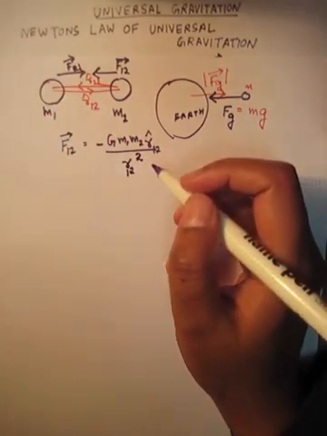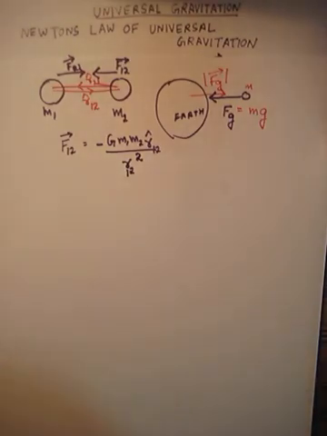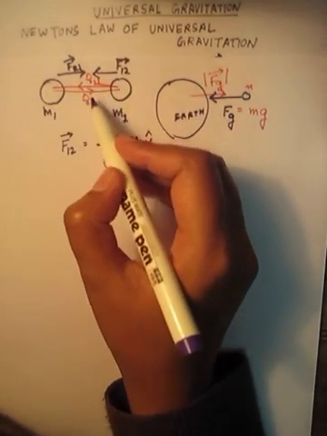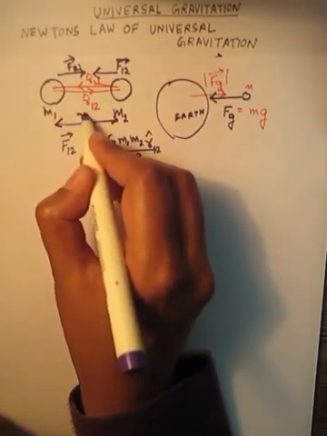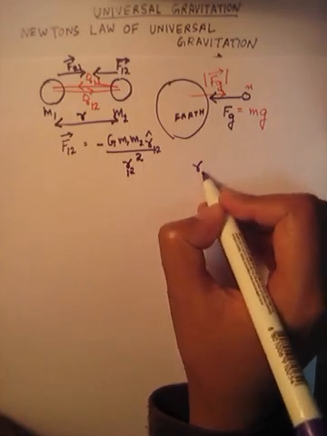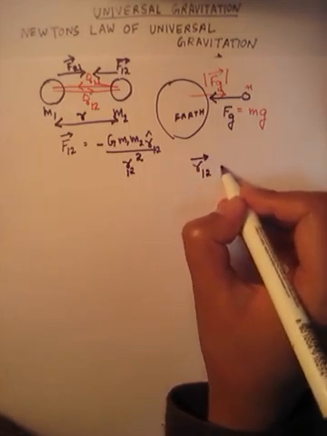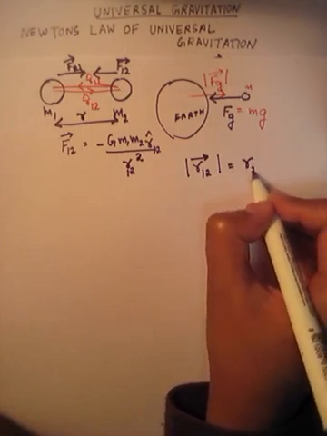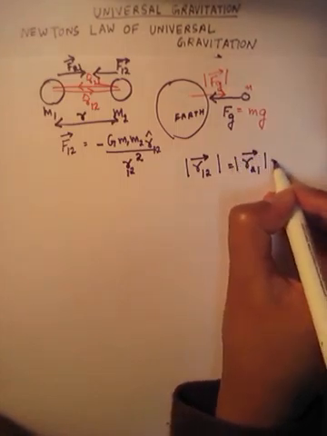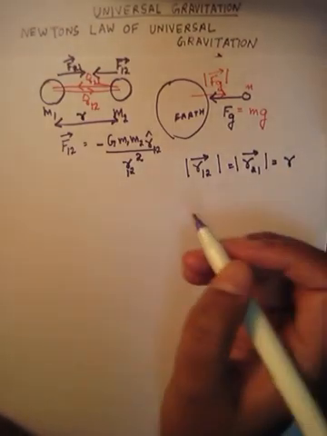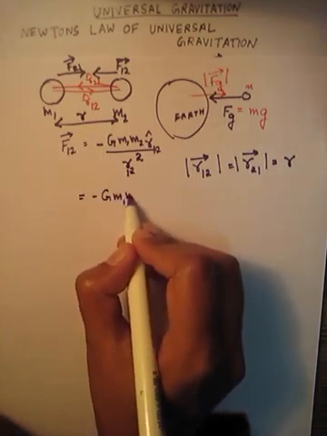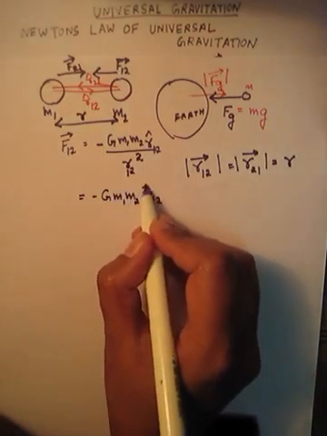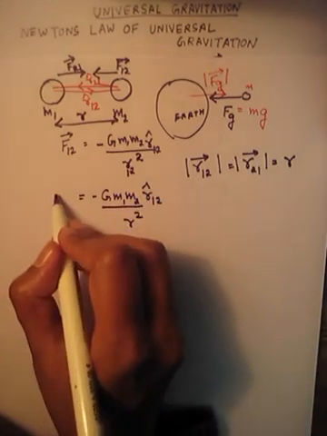Okay, and R12 and R21 will have the same magnitude, so we can also write it as R squared. The direction of R is different, but the magnitude will be the same, so they both have a magnitude of R. What I mean is that the R12 vector magnitude and R21 vector magnitude have the same magnitude R. So even though we are writing R12 squared, we can also write it as divided by R squared.